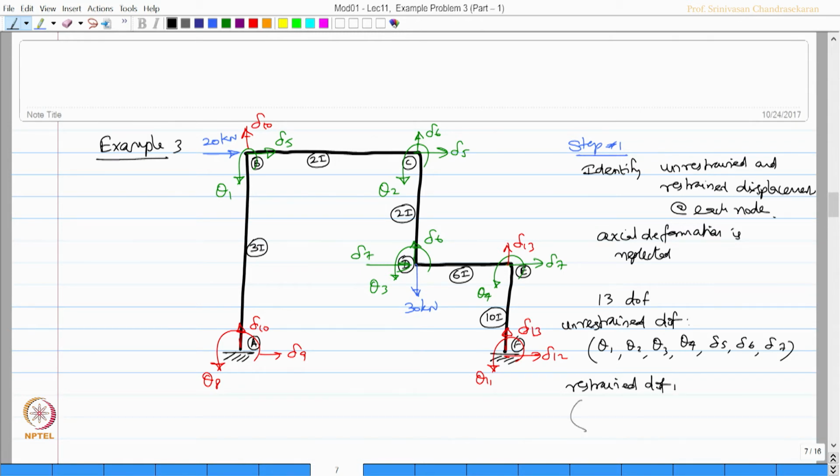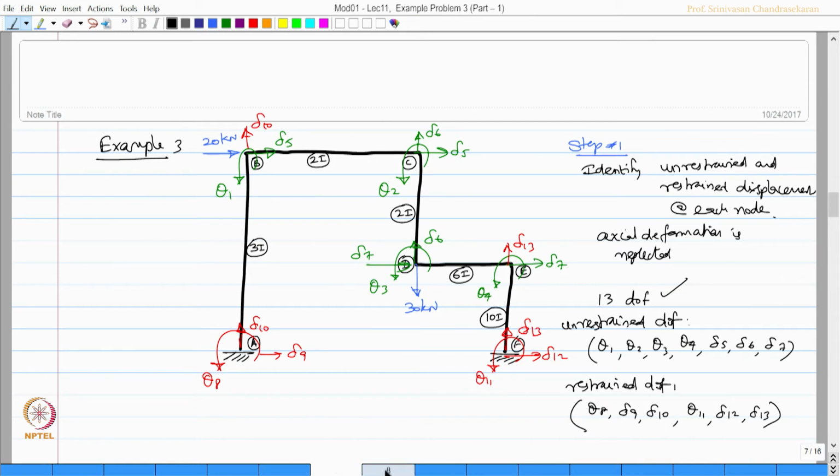We can name them theta 8, delta 9, delta 10, theta 11, delta 12, delta 13. So, that makes total 13 degrees, out of which 7 are unrestrained, the remaining 6 are restrained. Okay. So, there is no difficulty in doing the first step, which is identifying these degrees of freedom.